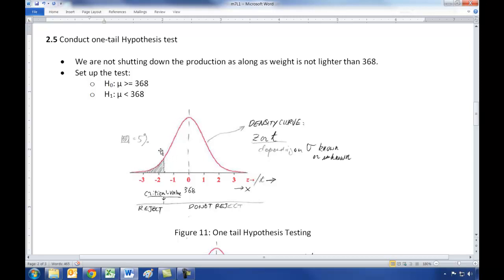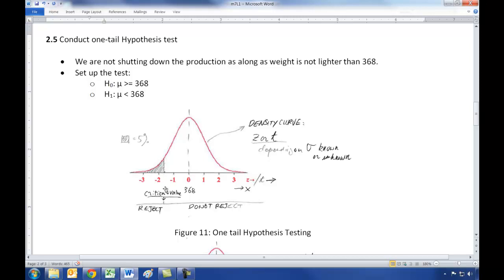By using the same logic, we could set the level of significance at 5%, based on which we should be able to find the critical value corresponding to a position where to its left the probability represented by this shaded area is 5%.